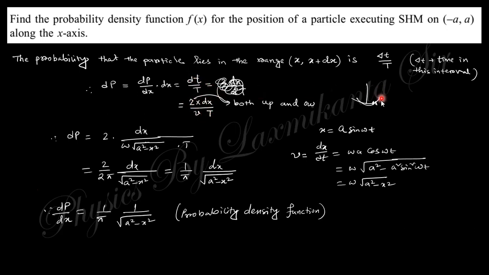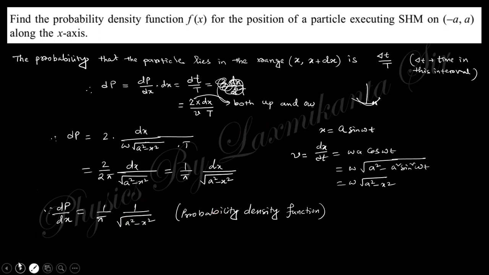Here 2 comes because this dx repeats 2 times within one time period, since it comes here and here. Clear? So that's why this 2 comes here. Now, this is a simple harmonic motion, so the velocity will be like that. If you put in this value of v, you will get these things. So dp by dx is nothing but this one, the probability density function.